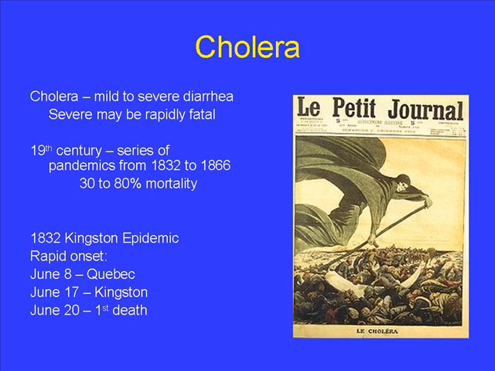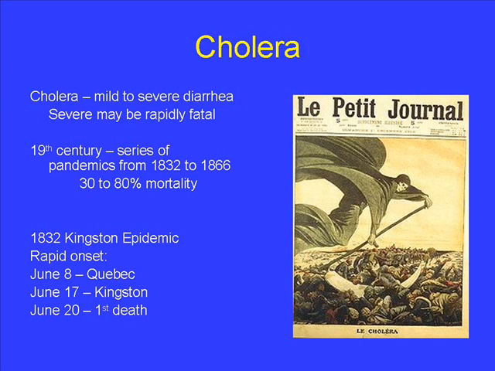Cholera in the 19th century was to the world of the 19th century what smallpox had been in the 18th century and plague had been in earlier years. And in the 19th century there were a series of pandemics that swept through the world, beginning in 1832 until 1866.